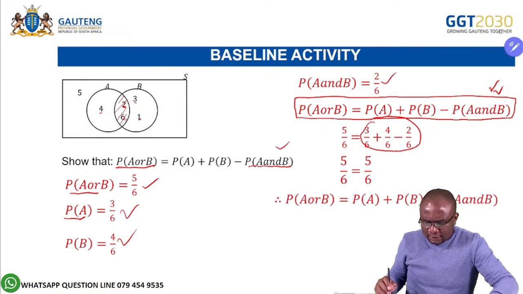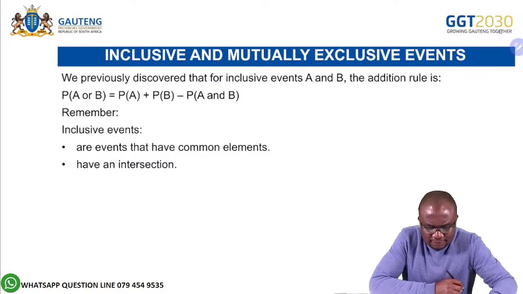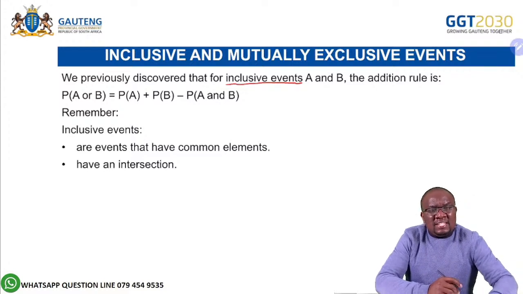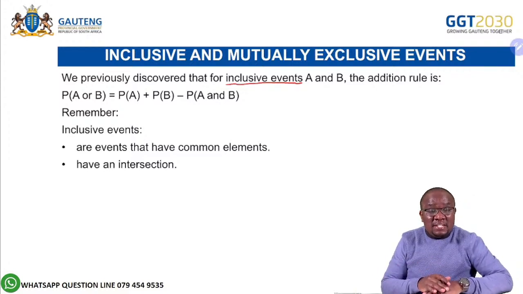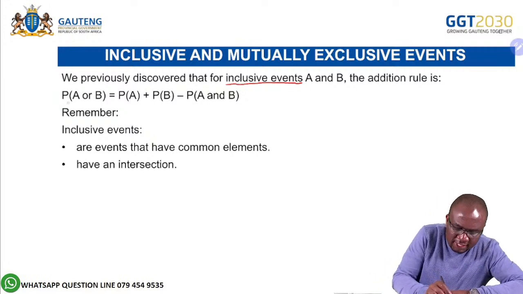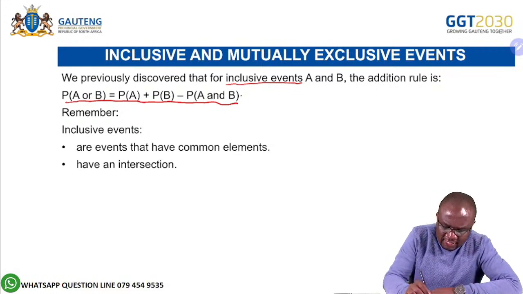Let's move on. So we've discovered that for inclusive events, what are inclusive events? These are the events that have an intersection, that overlap. The addition rule is probability of A or B is equal to probability of A plus probability of B minus probability of A and B. We just proved that.